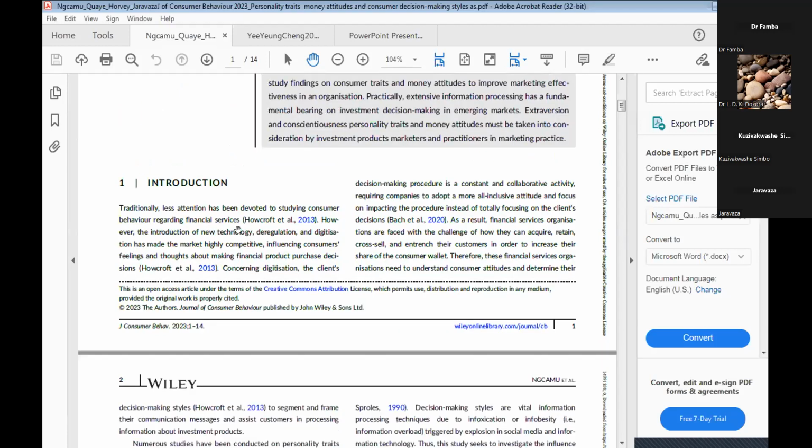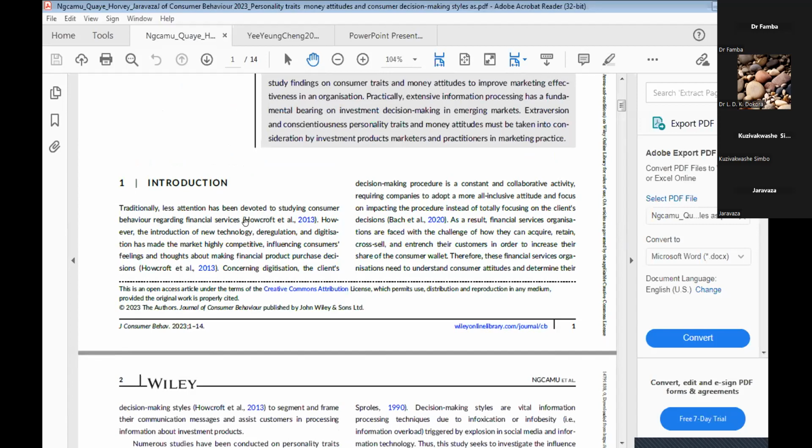Traditionally, less attention has been devoted to studying consumer behavior. Please take note of that. And in our first sentence there you can pick some weaknesses. Remember, we don't have anything that is flawless, right? But the emphasis here is we are trying to do just like what these guys on internal audit microfinance were trying to do.